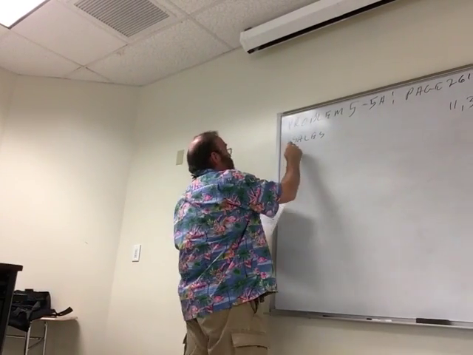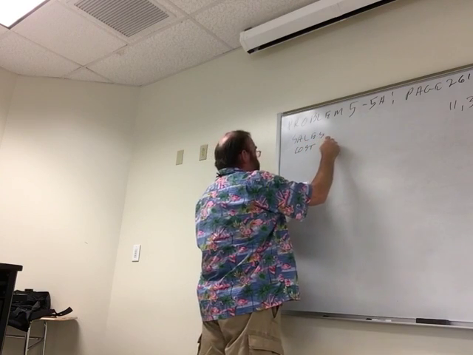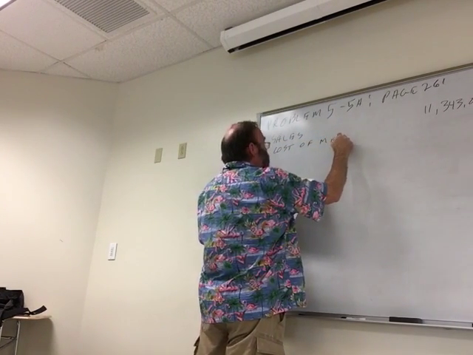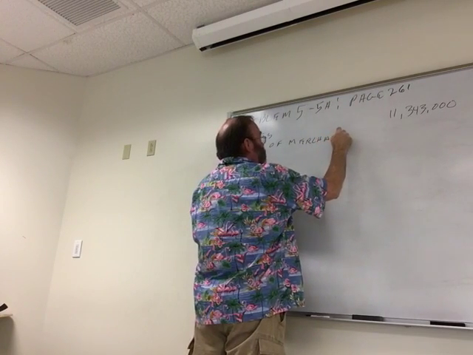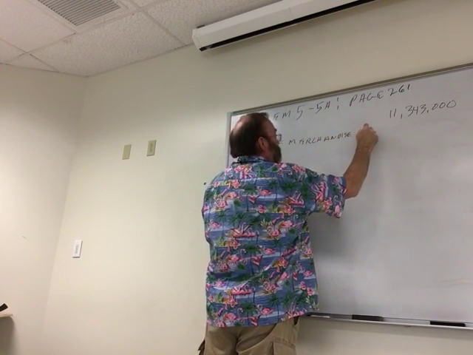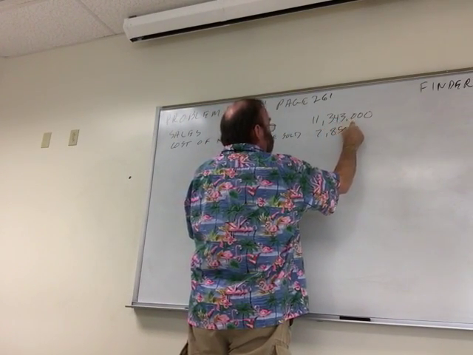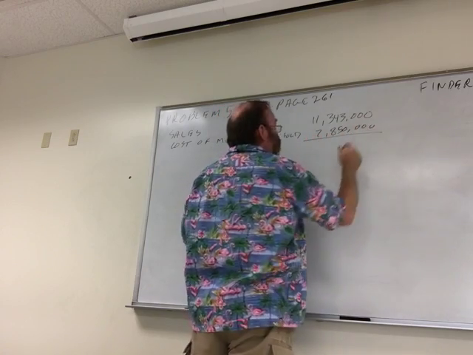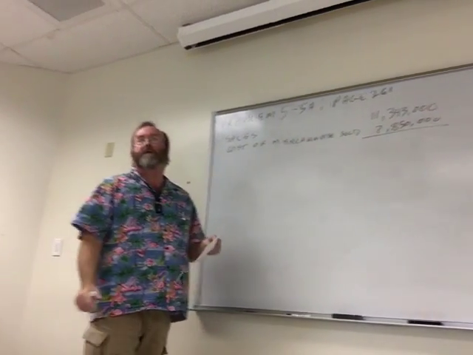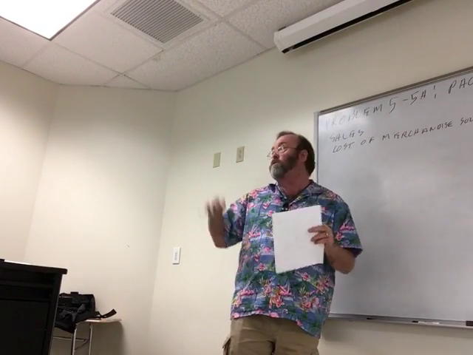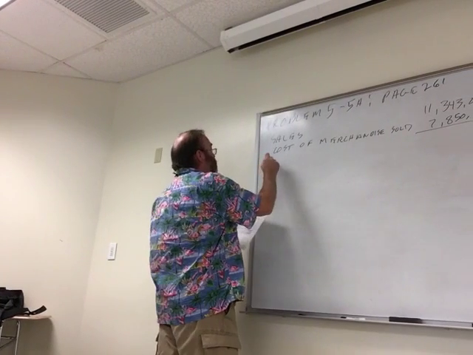From sales, we're going to list the cost of merchandise sold, which was $7,850,000. Which brings us to the first of our multi-step subtotals. Subtracting total revenues, total sales of all the products that they sell, minus what it cost them to buy those products from wholesalers or manufacturers, is gross profit.